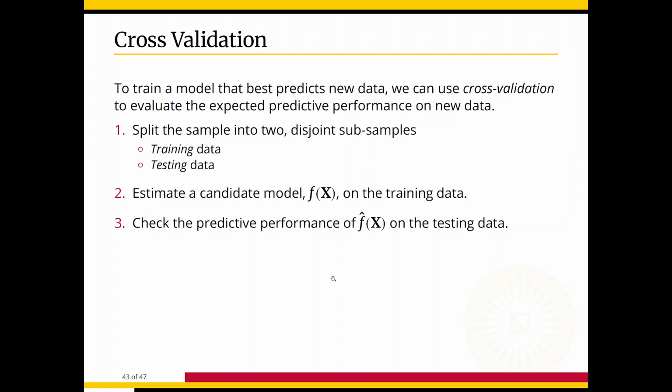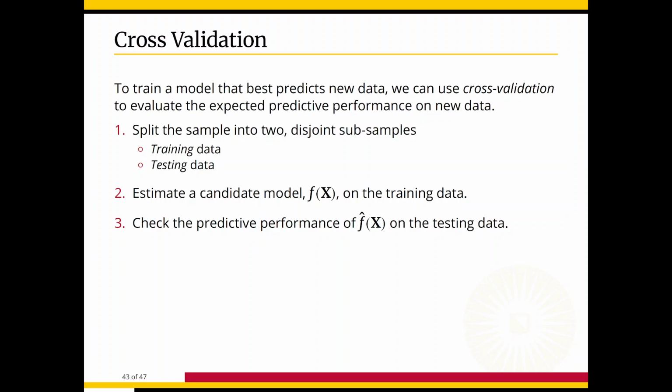And that's an uncontaminated measure of model fit. So that tells us how well we can expect our model to perform on new data because we have evaluated the predicted performance. We've calculated the mean squared error using different data than those that we used to train the model. That is the crucial distinction.